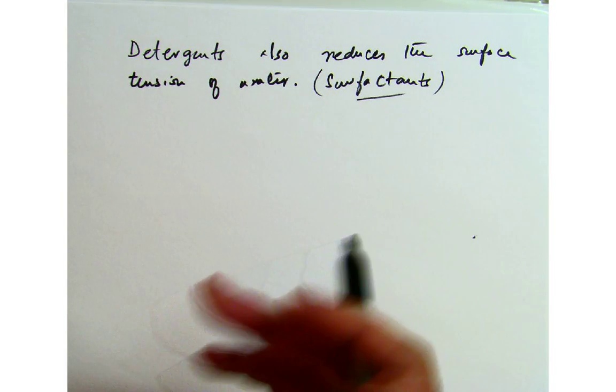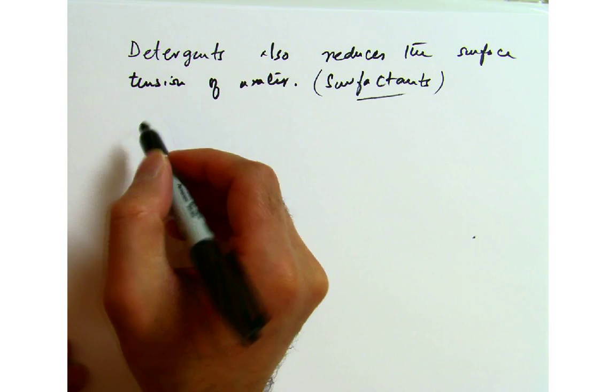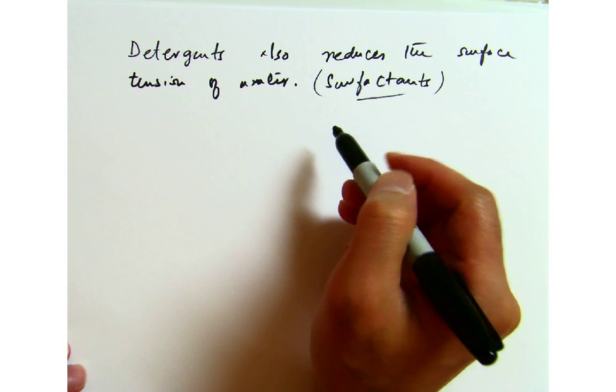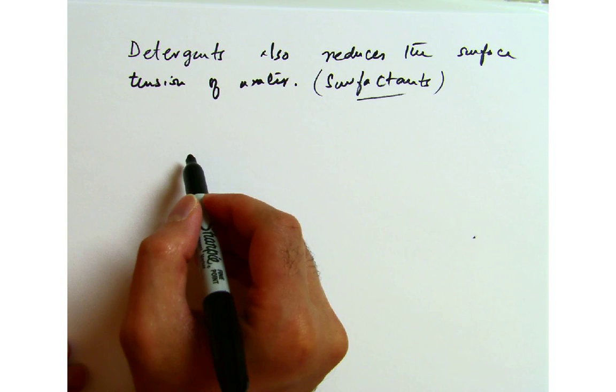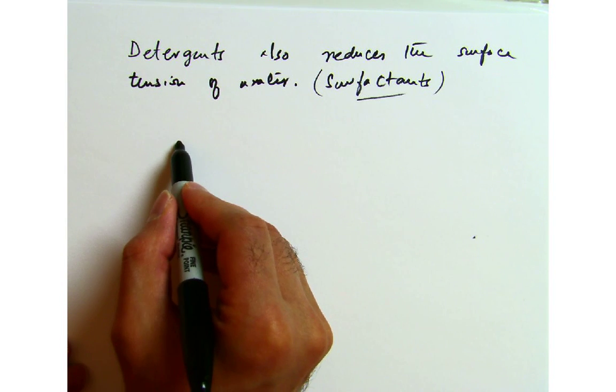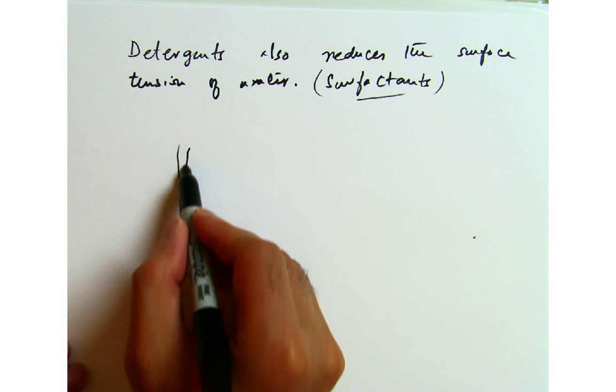So why is this important? Why do we use surfactants? Let's take a look at a fabric. Not using a microscope, but let's look at some of the threads.